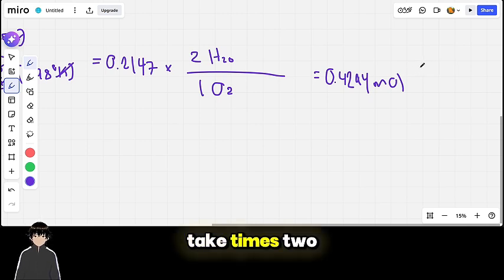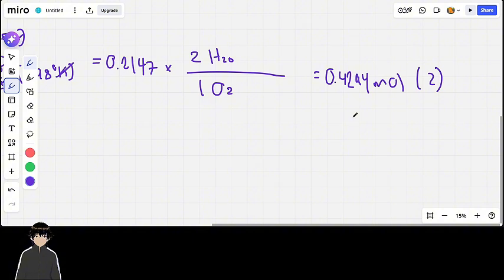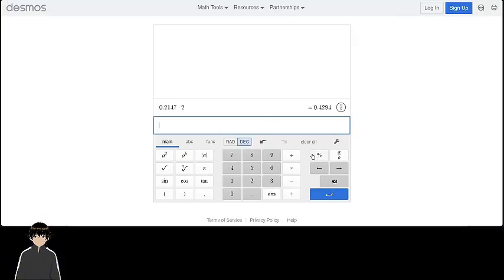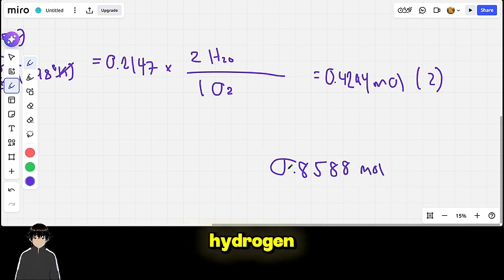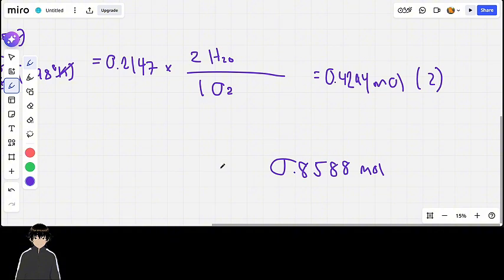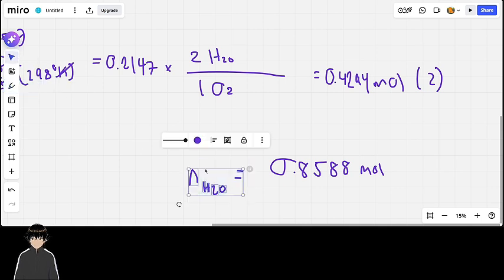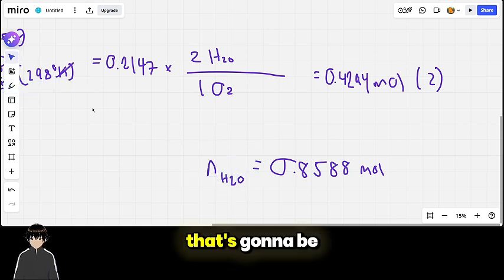Times 2, which is equal to 0.8588 moles of hydrogen. Okay, that's going to be our final answer.